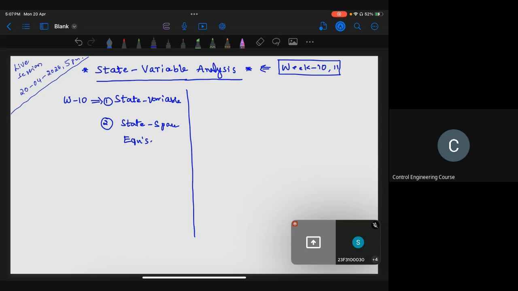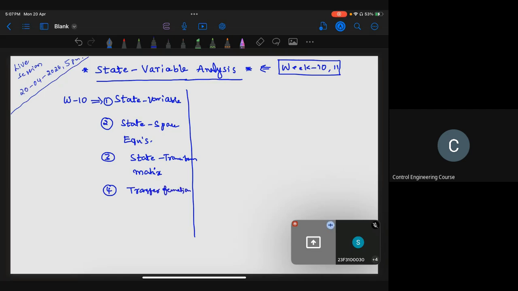Okay. So what are these state space equations? Then how to form these state space equations for a given problem. After that, the state transition matrix, then transfer function.